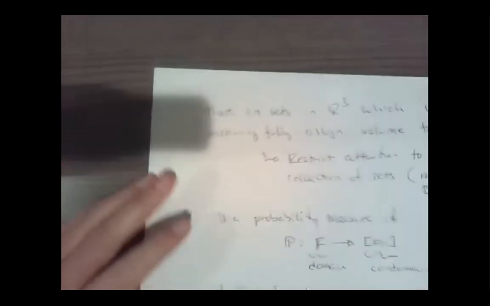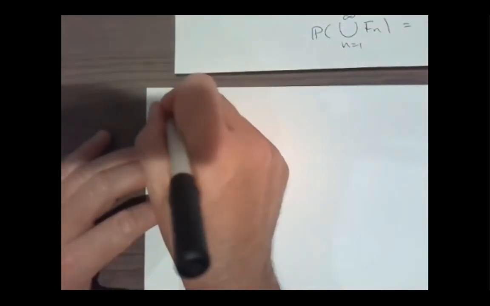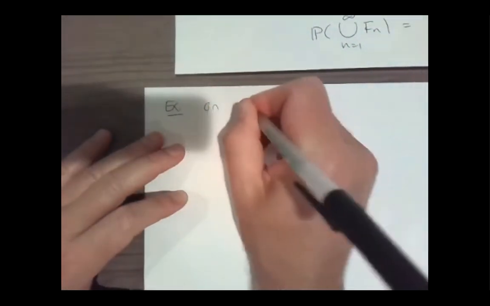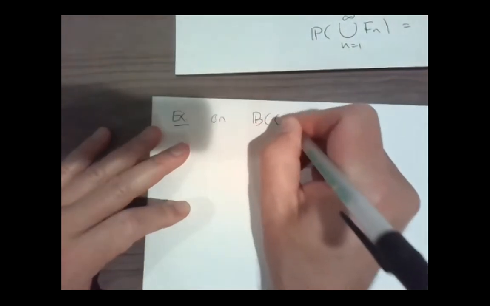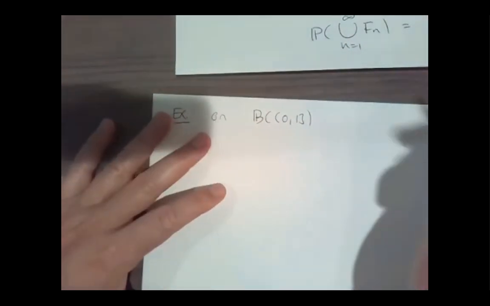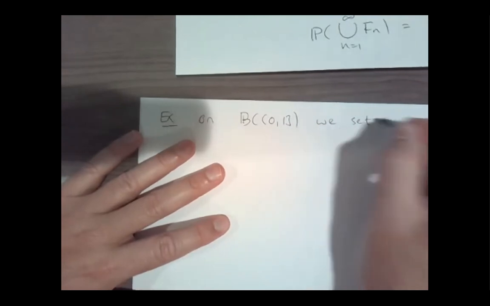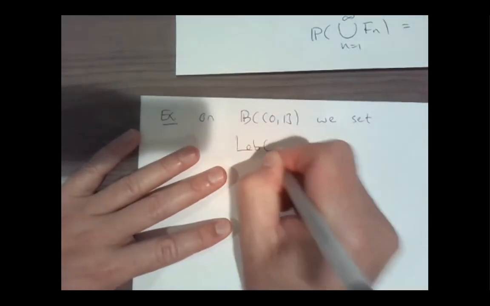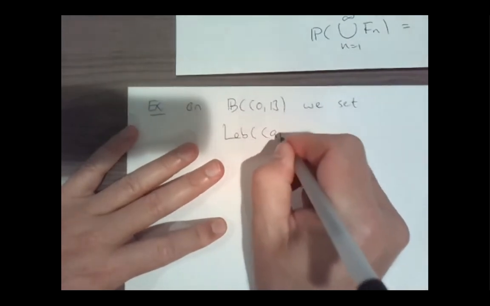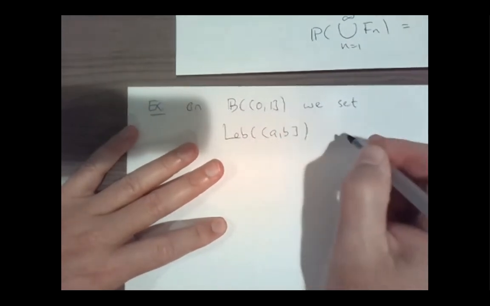Right, so if we're looking at, as an example, this Borel sigma algebra, we set the Lebesgue measure on an interval a to b.